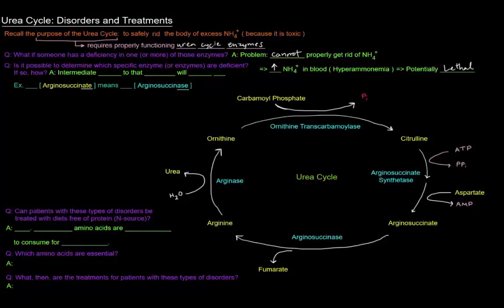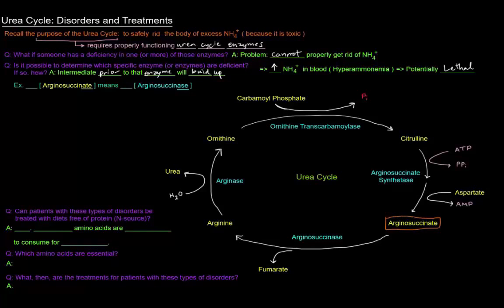Okay. So, is it possible to determine which specific enzyme or enzymes are deficient? If so, how? Well, the answer to the first part is yes. And how? Well, the intermediate prior to that deficient enzyme will build up. So, what does that mean? Let's use an example here. Arginosuccinate is an intermediate of the urea cycle right here.